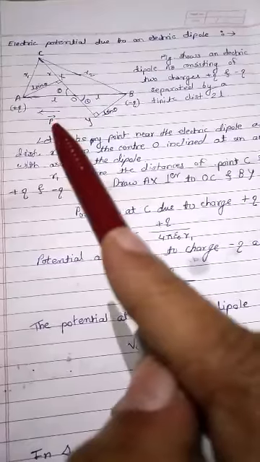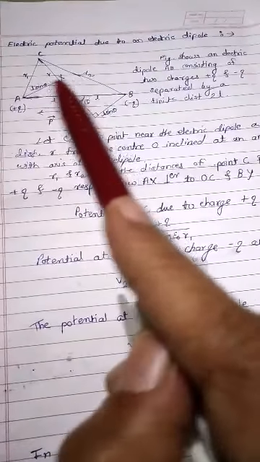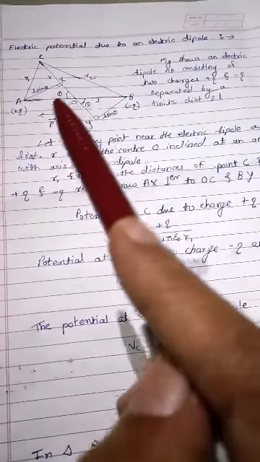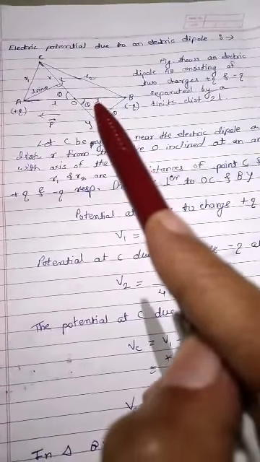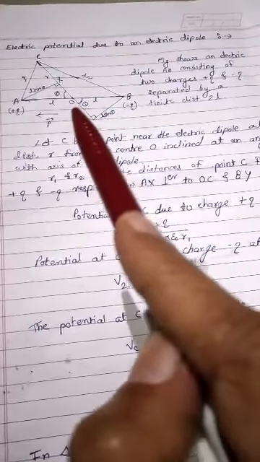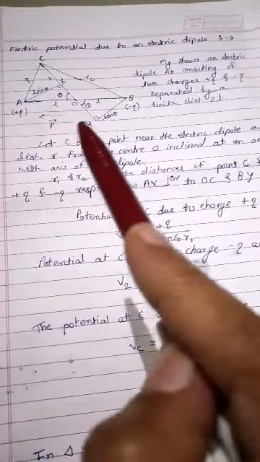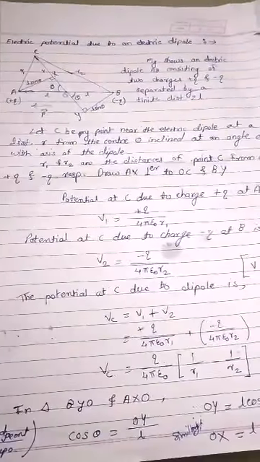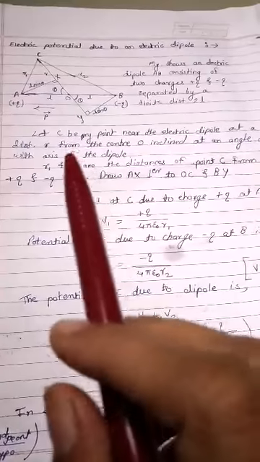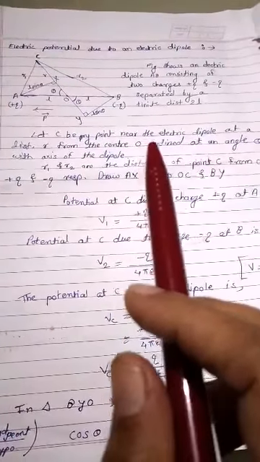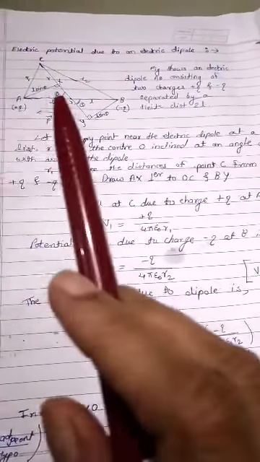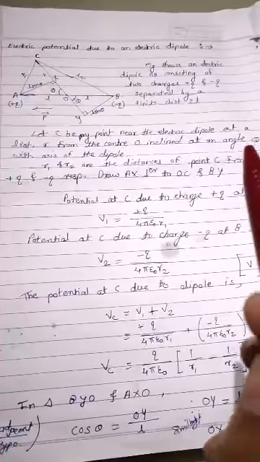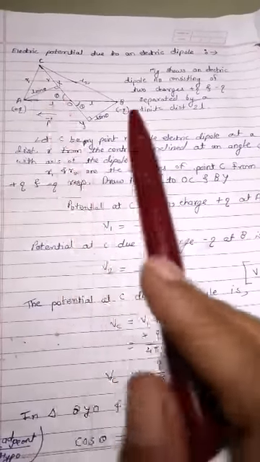So now here we get R, R1 and R2, and L. Understand this figure. Let us see our expression. Consider any point near the electric dipole at a distance R from the center O, inclined at angle theta with the axis of the dipole.